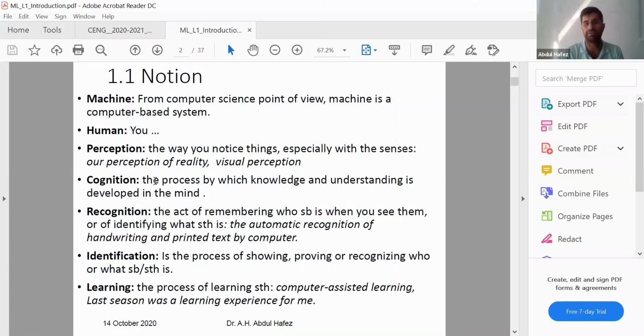But what is recognition? Let me tell you simply: when you see an object or somebody for the first time and learn about its properties, features, attributes, we say this process is cognition. When I see the apple for the first time, I learn about its color, its shape, its general properties.